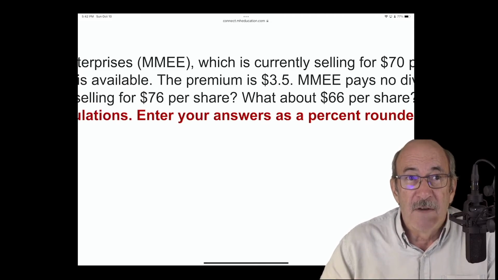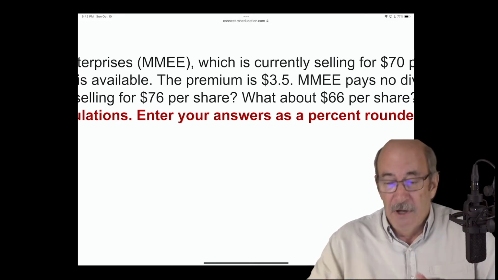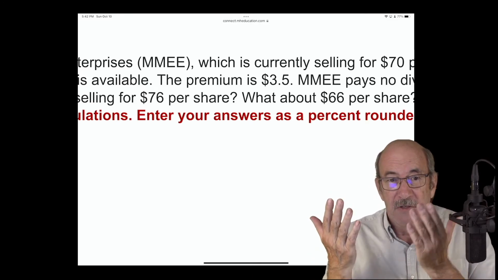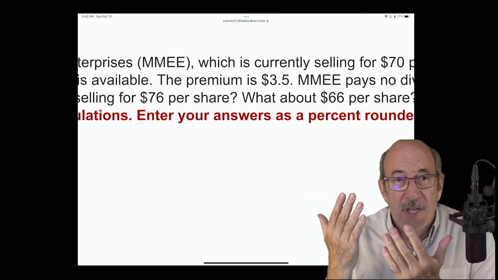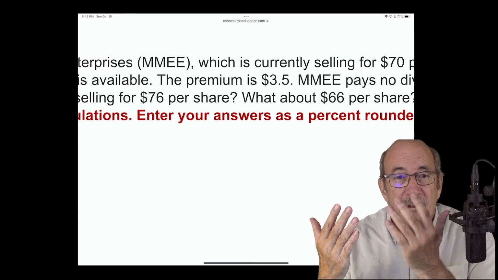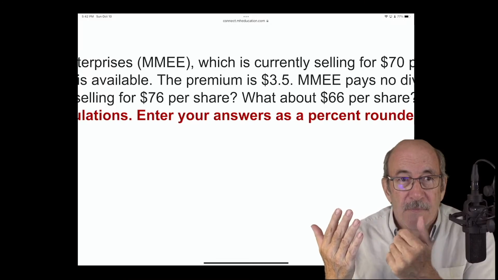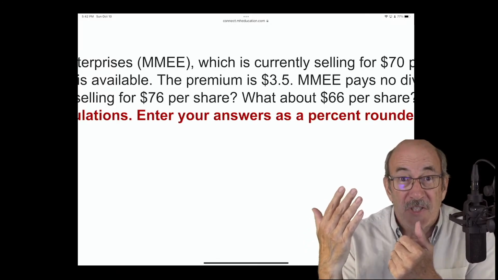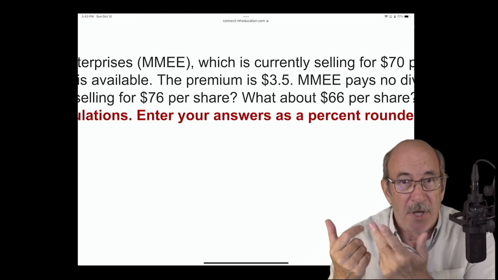If the market is below 70, and the way I think about these is I've got two different venues, if you will. I have the option whereby I can buy the shares, and then I have the market where I can sell those same shares. If I can buy them at 70 and sell them at a higher price, I'll do that automatically.